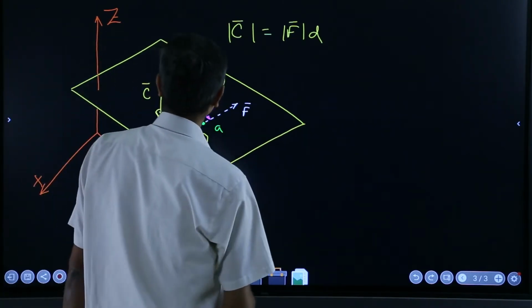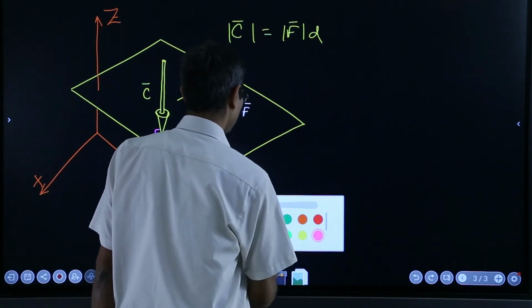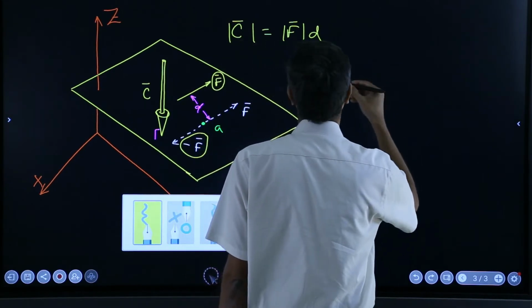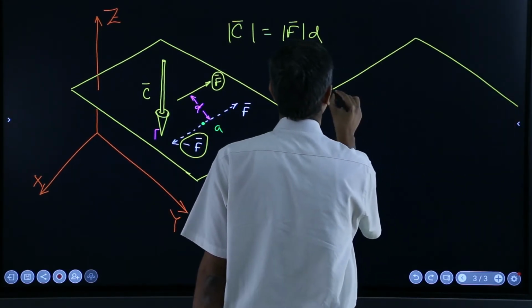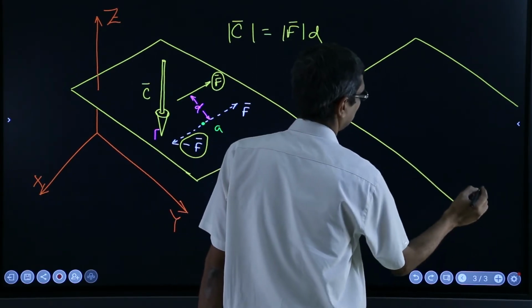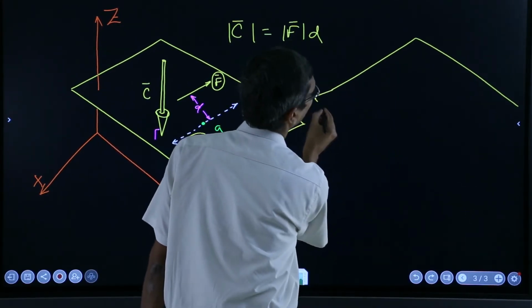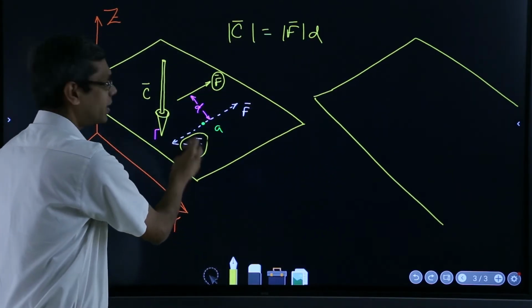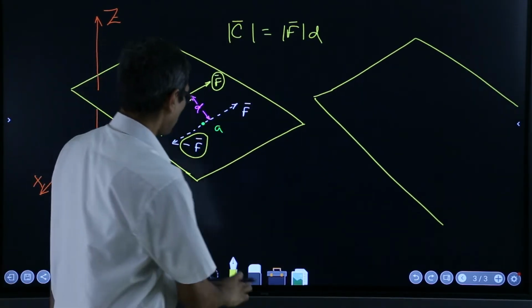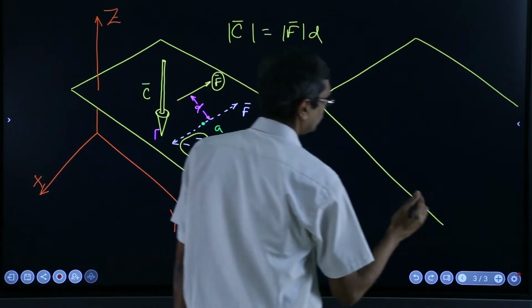So what I wanted to tell is, now does it not look like something? Again, I am trying to draw the same plane, like that, and this force has been replaced by this, and then now only this force remains.